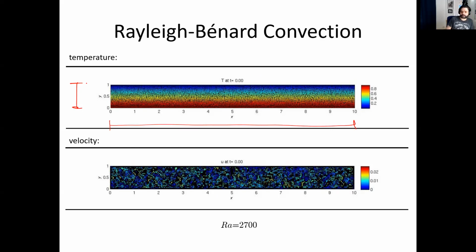We do that in order to imitate periodic boundary conditions, which we would actually need. Also, at the initial condition, we put a little bit of noise on the solution to make sure that stuff starts to happen. The noise is of very low amplitude, on the order of 1% or so of the velocity. But now let's see what happens, and then we can discuss a little bit more.